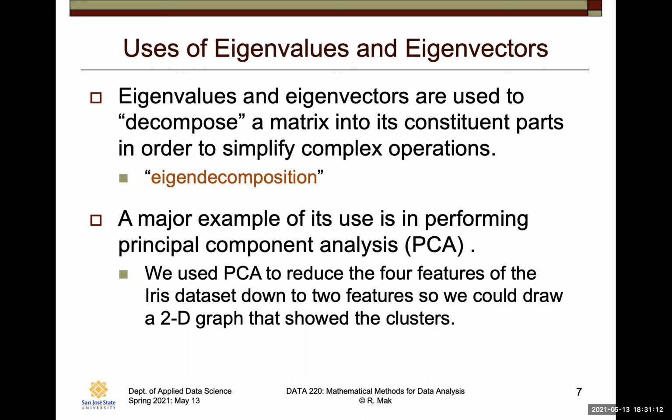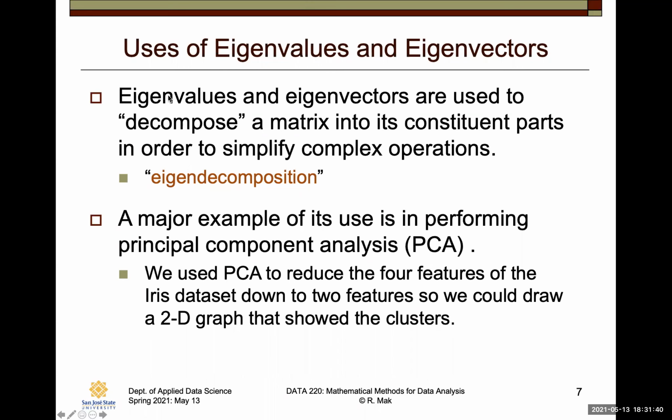An analogy would be dealing with big scalar numbers: if you factor that number and work with each of the factors, that's easier than working with the big scalar number. So I guess that is one way of viewing it. We decompose a matrix into eigenvalues and eigenvectors. That's known as eigen decomposition.